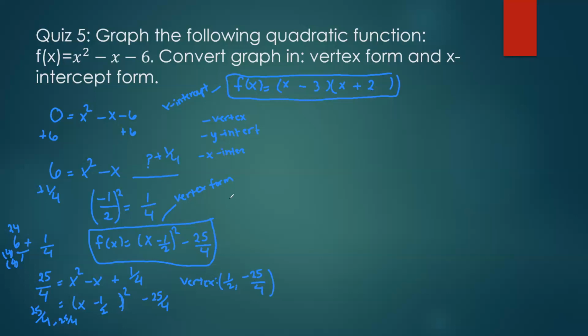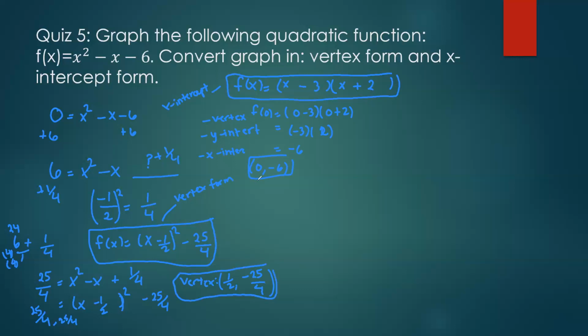Now let's find our y-intercept. I think it's best to use the x-intercept form to find the y-intercept. So you plug in 0 into the function. 0 minus 3 is -3. 0 plus 2 is 2. That is -6. So your y-intercept is (0, -6). This is your vertex.